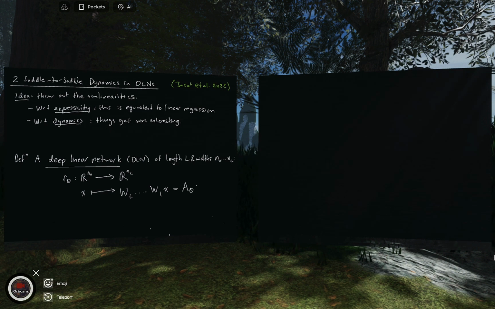So this is what we'll call the transformation. It's just another matrix at the end of it all. This is parameterized by theta, a tuple of matrices.